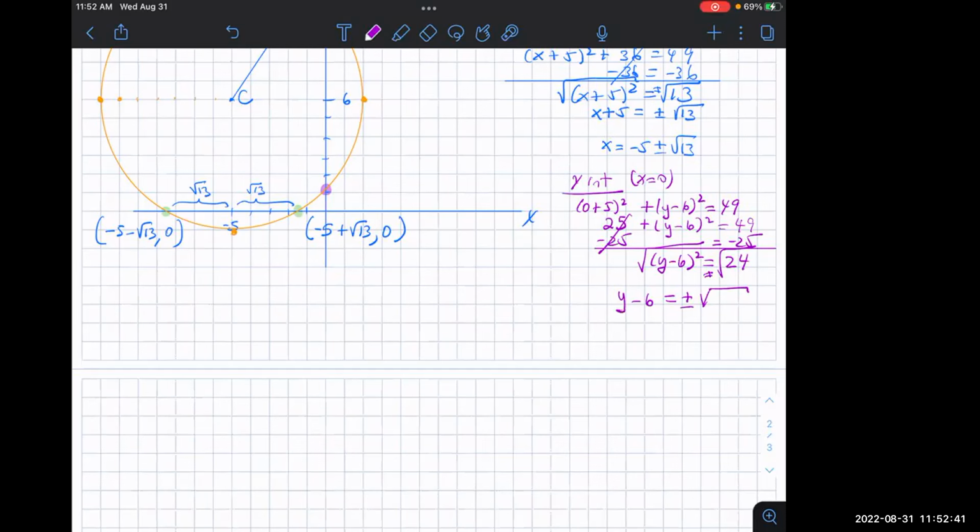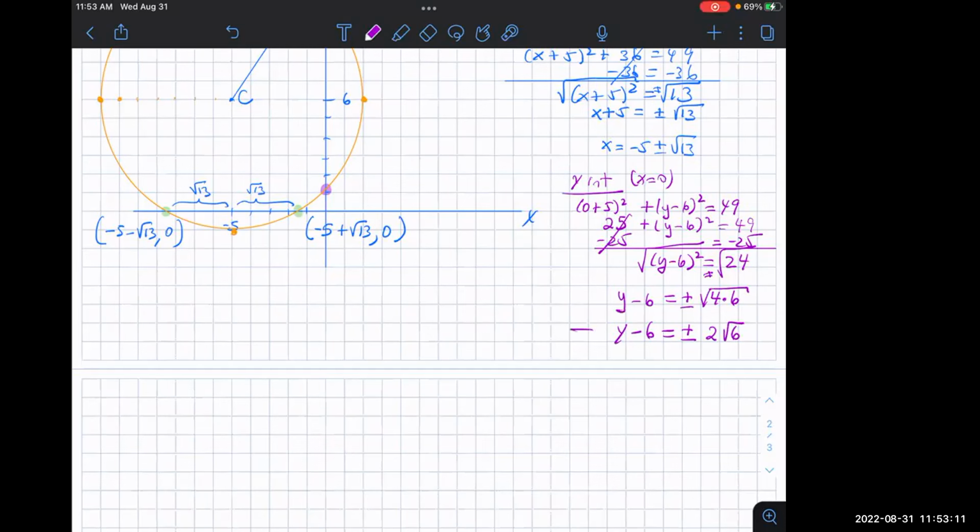Keep on looking. 6 times 4 is 24. And 4 is a perfect square, so yes, that will work. So that will be plus or minus the square root of 4, which is 2, and 6 is not a perfect square, so it stays as the square root of 6.